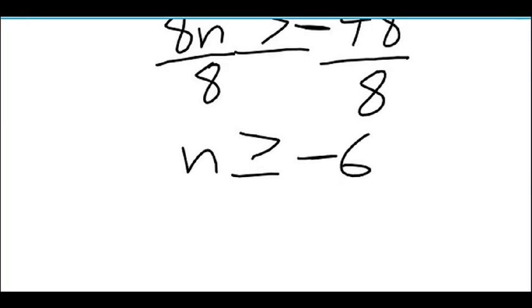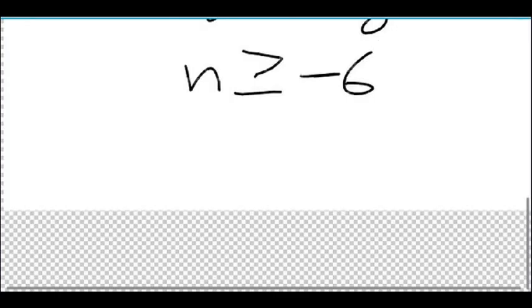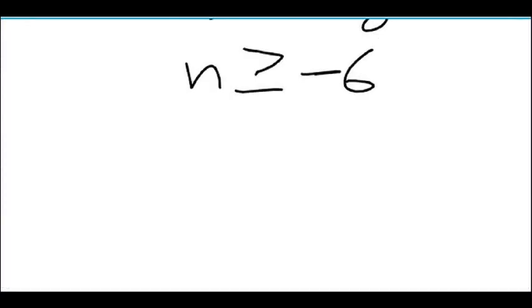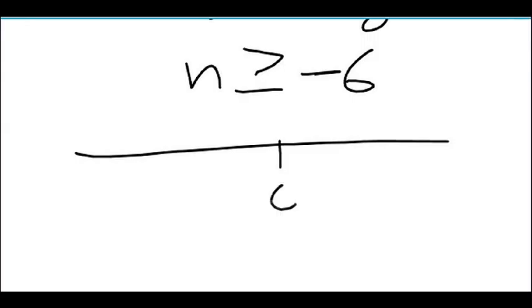Let's draw the graph for this. We have our number line. We have 0. We have -6. n is greater than or equal to -6. So we're going to circle the -6 area, and because there is an equal to sign, since it's "or equal to", we're going to fill it in.